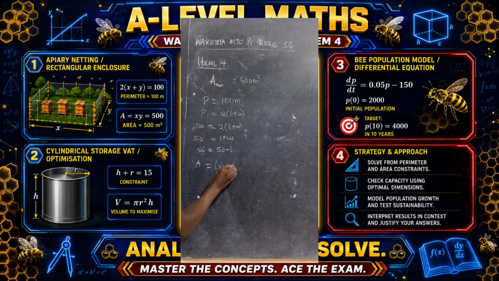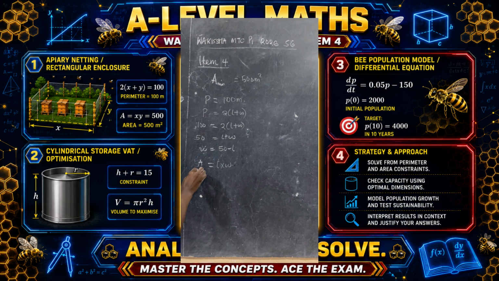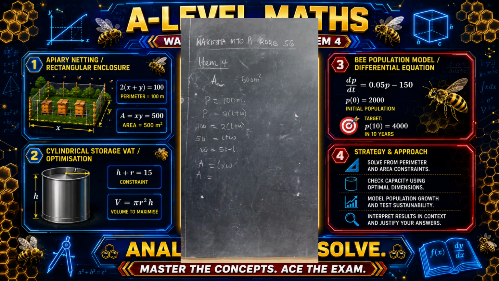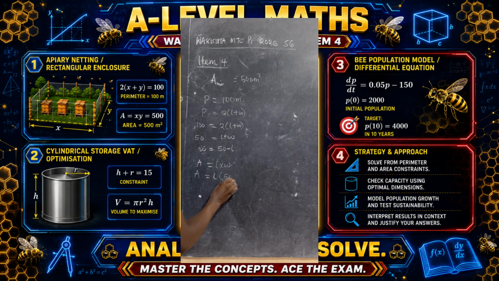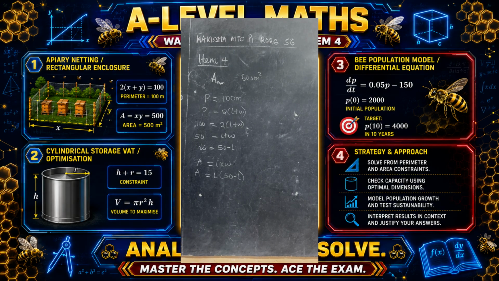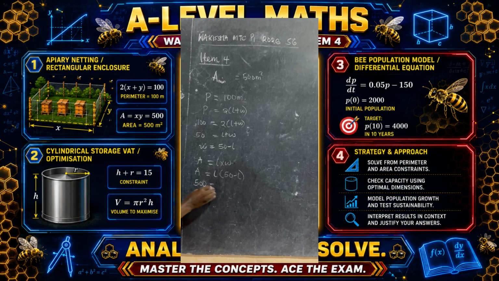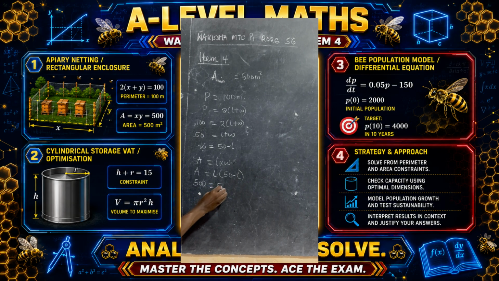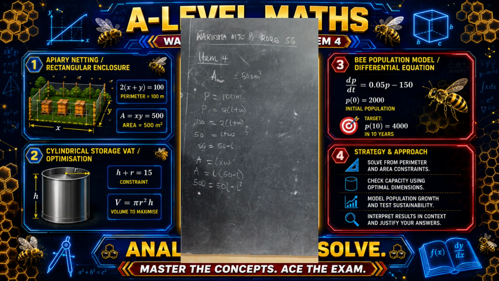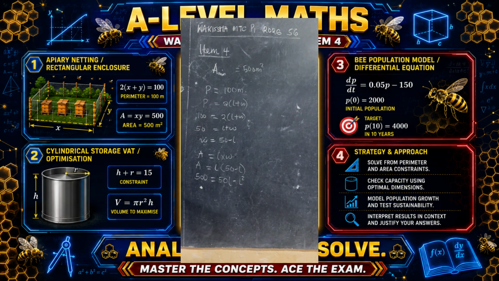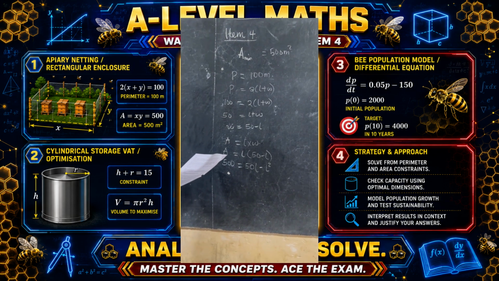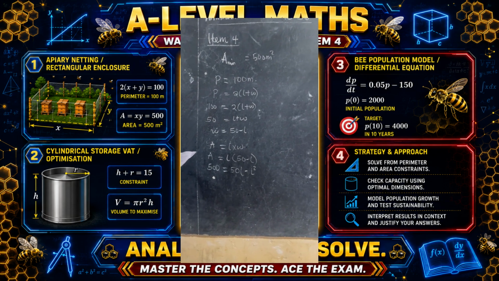Now I go to the area. Area is given by length times width, which is L times (50 minus L). The area we are dealing with should be at least 500, which gives 50L minus L squared. Now there is a condition they talked about: the project requires a minimum area.